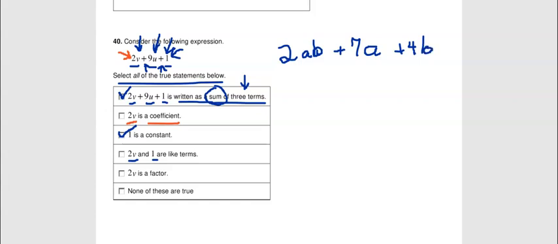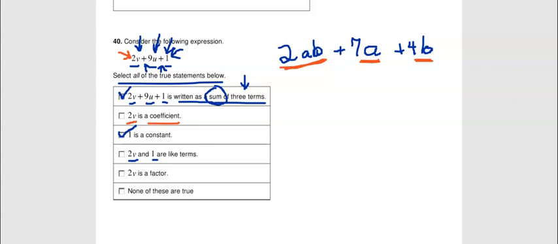In a situation like this, you have a 2ab and then you have an a and you have a b, but they can only be combined if they are identical like terms. So 2ab cannot be combined with either one of these, and a cannot be combined with either one of these either, because they have to be the same. If it was 2ab plus 7ab plus 4ab, then you can combine them. Just a very, very important thing to notice.